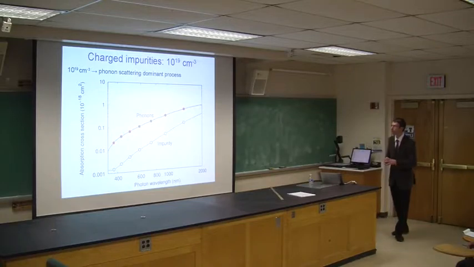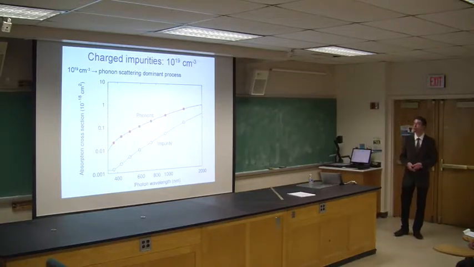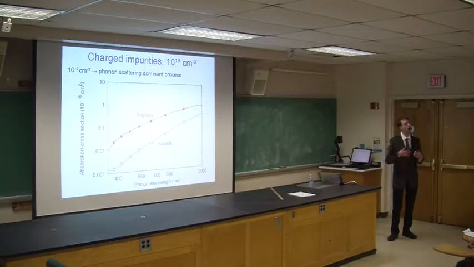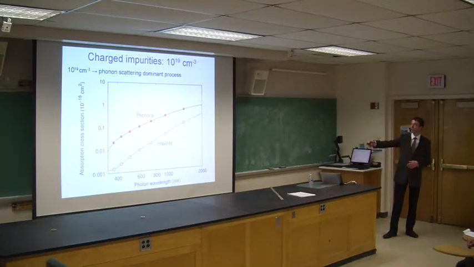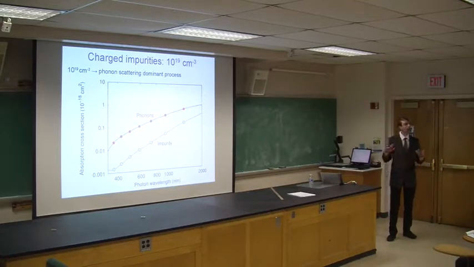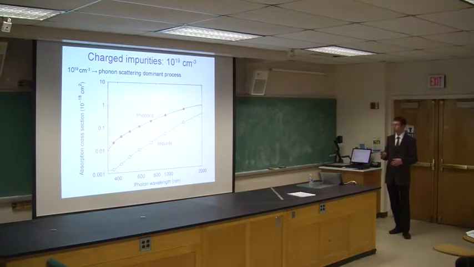All right, so let's compare this for some different levels of charged impurities. If we have 10¹⁹ impurities, we find that it's mainly phonons that dominate the absorption. The previous results are shown in red for phonons. The black curve is the result for impurities, and you see it's at least an order of magnitude smaller for all photon wavelengths of interest.